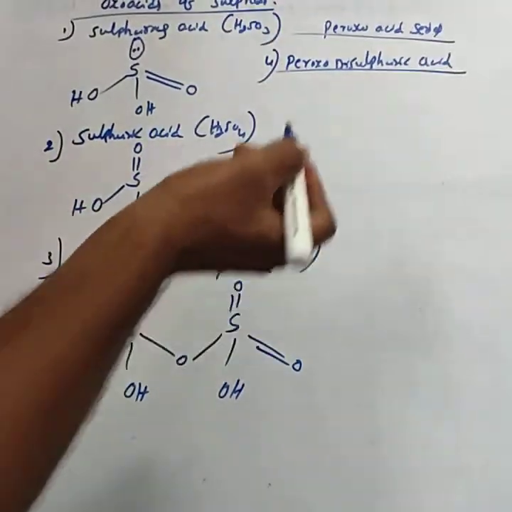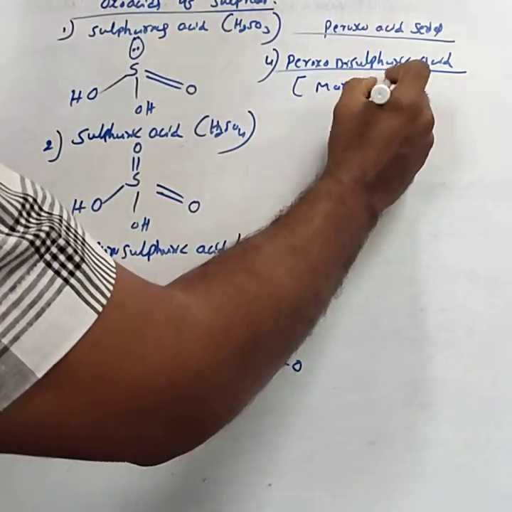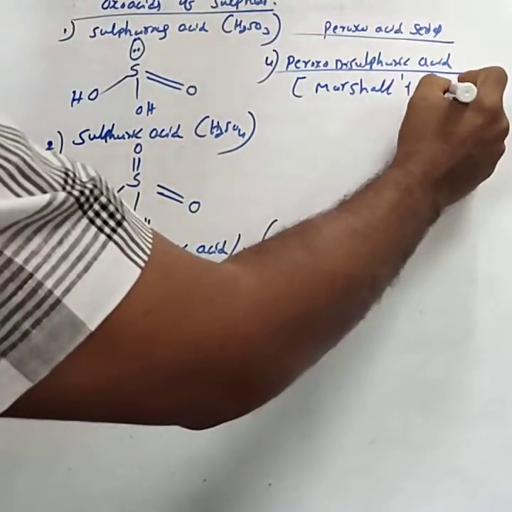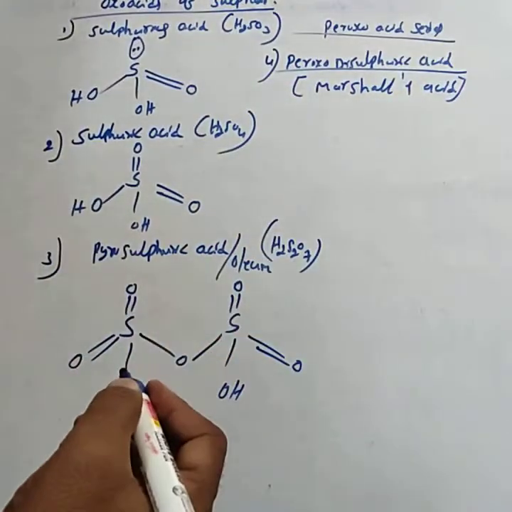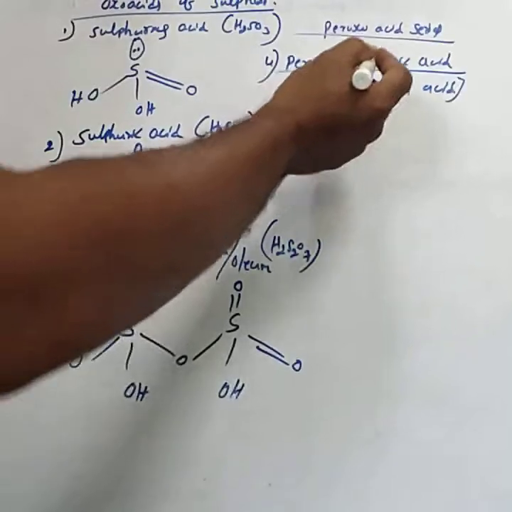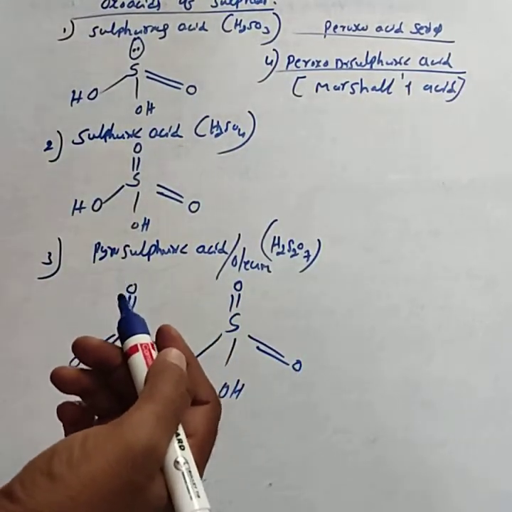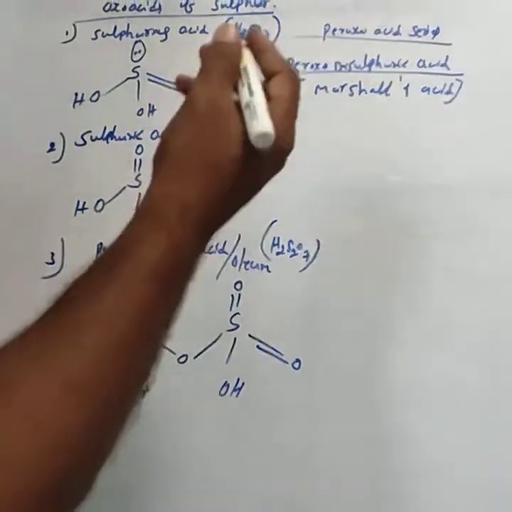In competitive exams, peroxo disulfuric acid is commonly called Marshall's acid. In NCERT they have not mentioned Marshall's acid, just peroxo disulfuric acid. In competitive exams, they can use that as Marshall's acid.